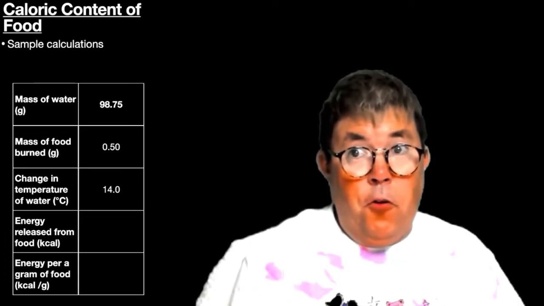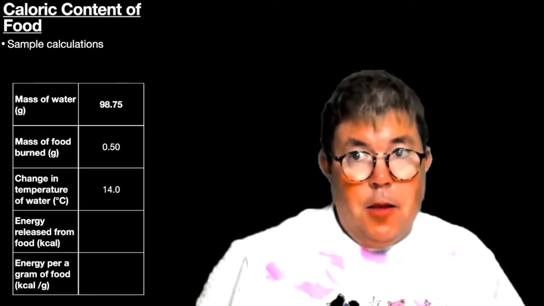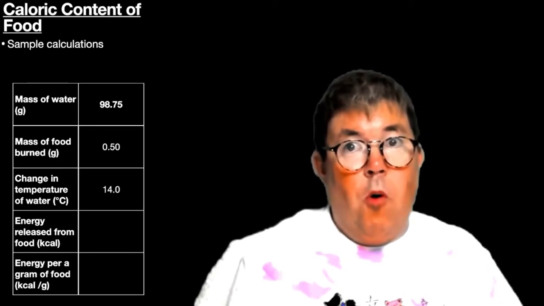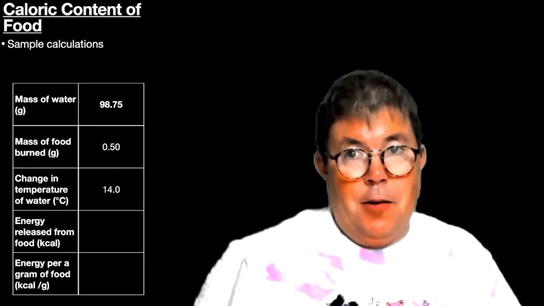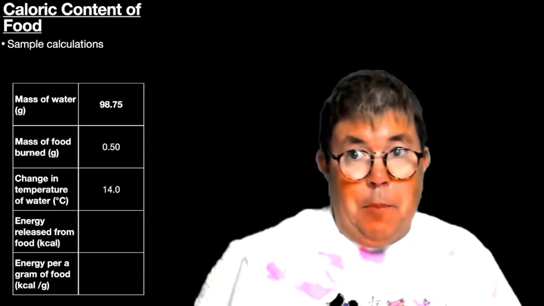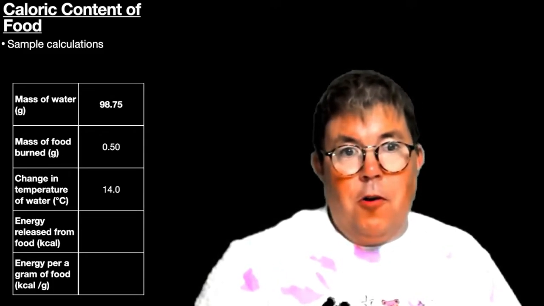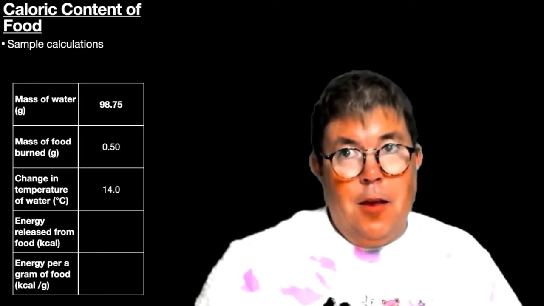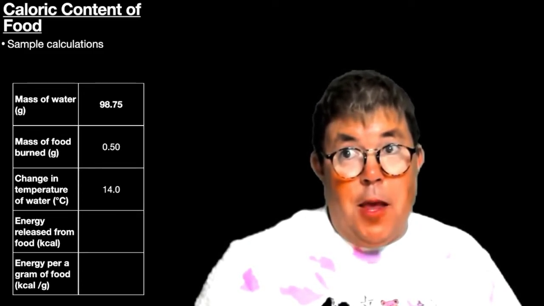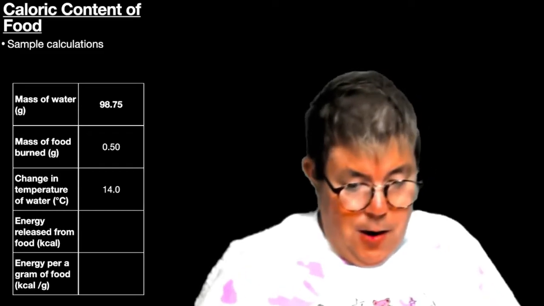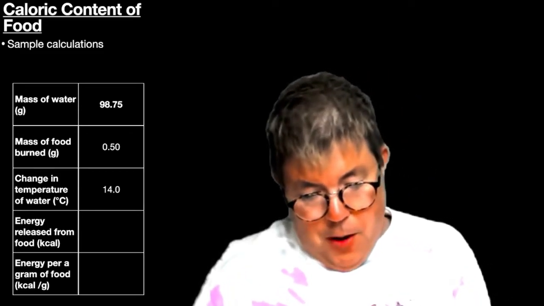As we burn food, heat is released. That heat is going to warm some water inside a pop can. We can measure the change in temperature of the water inside the can and calculate the heat absorbed by that water, which will be the opposite of the heat given off by the food.